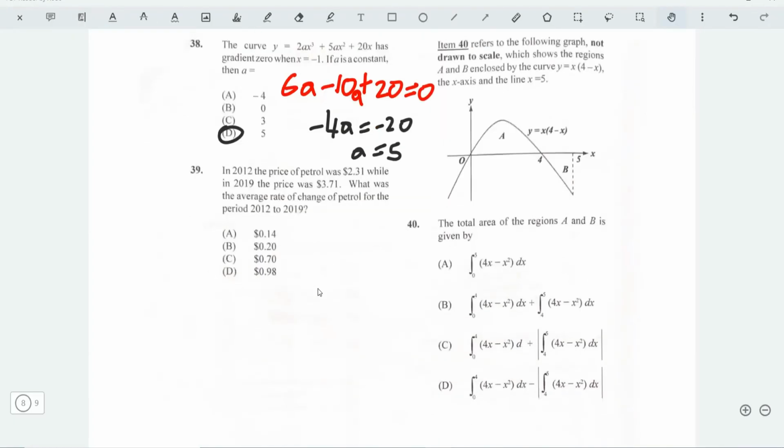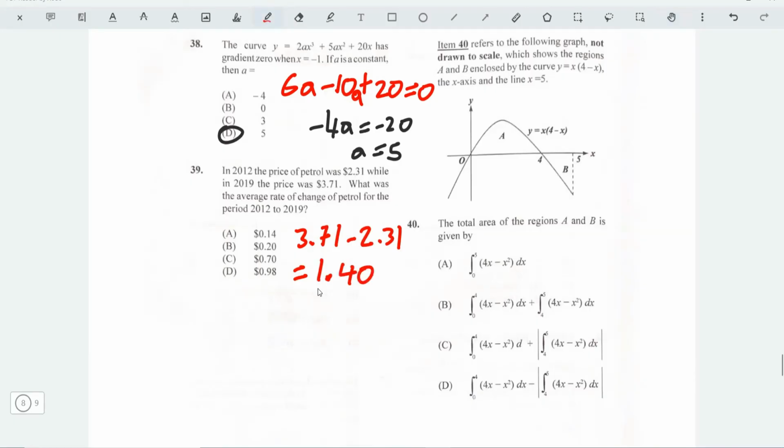As we can see, there's an increase of 3.71 minus 2.31. That is 3 minus 2 is 1, and 71 minus 31 is 0.40.